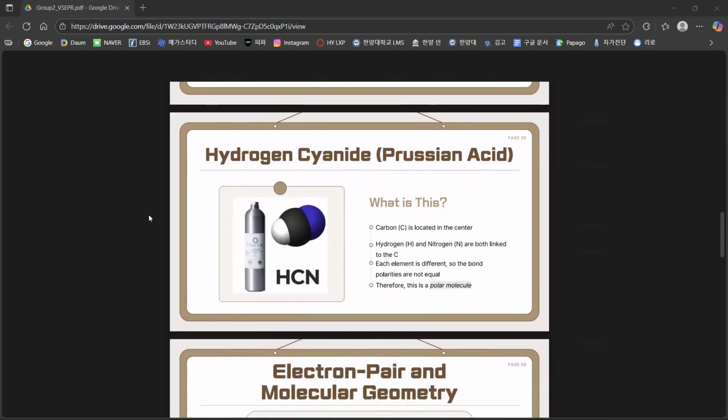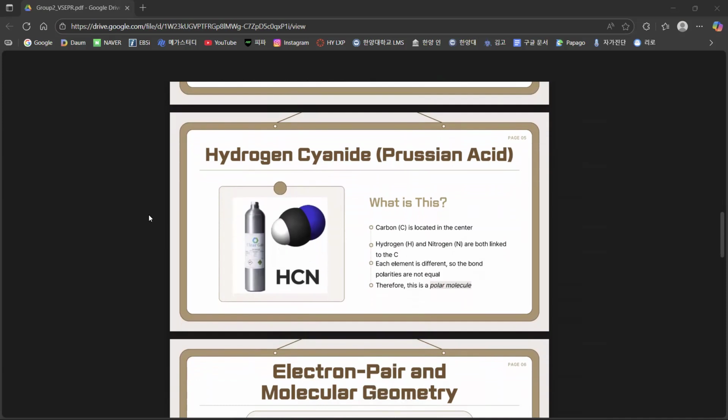We are introduced to hydrogen cyanide. It is Prussic acid, and I'll introduce its traits. Carbon is located in the center, so it is the main structure of this acid.